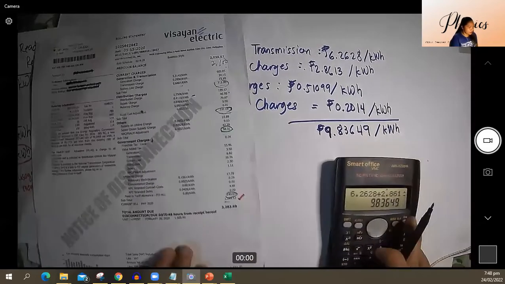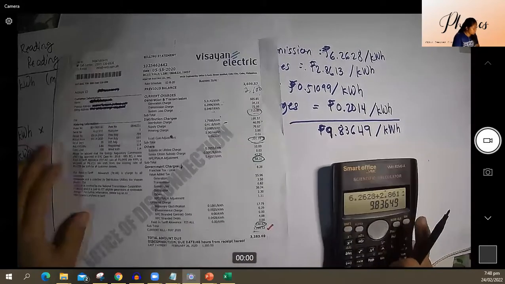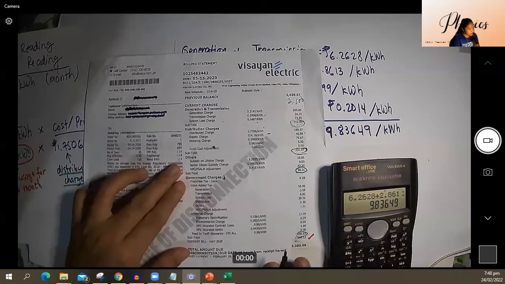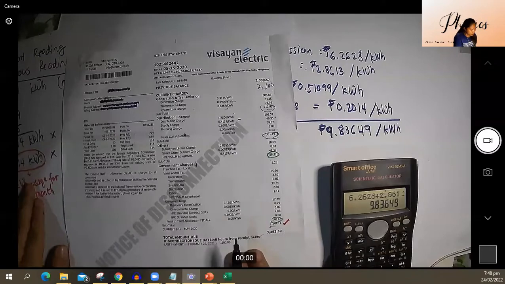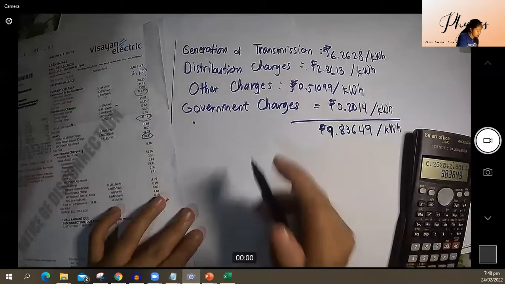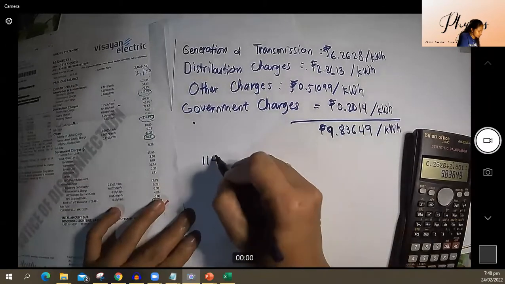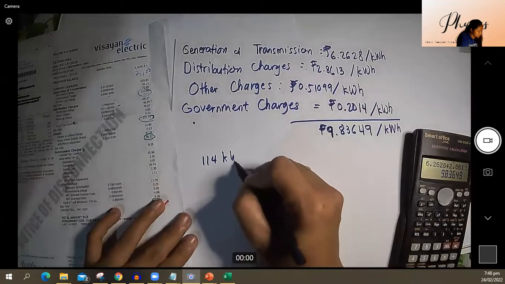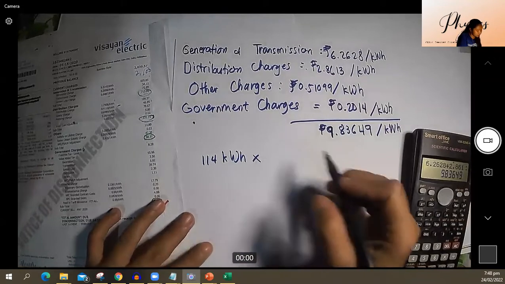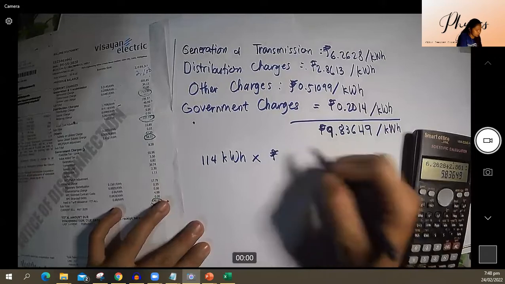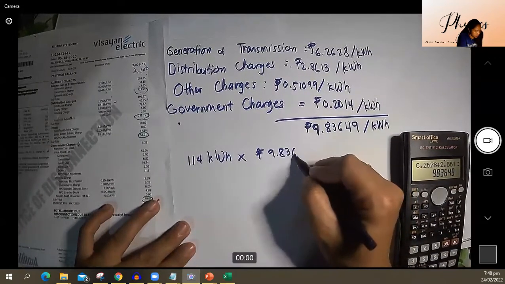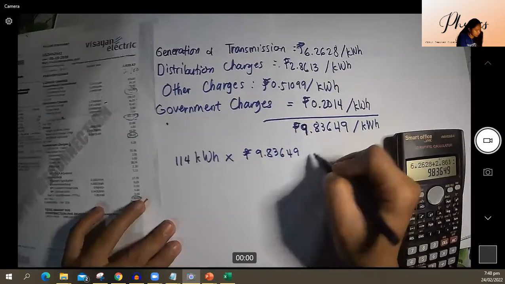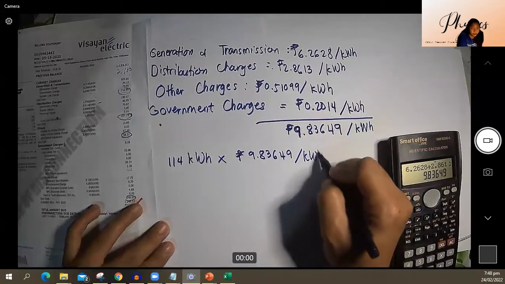So we can use that information in our 114 kilowatt hour here. So 114 kilowatt hour, you can multiply it by the price, which is 9.83649 per kilowatt hour.